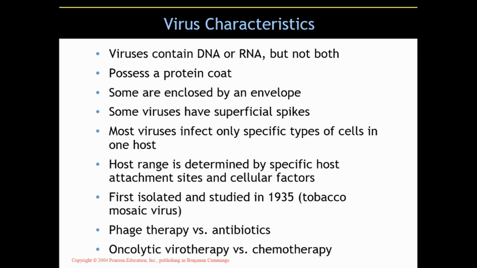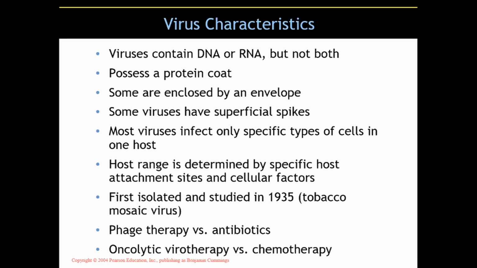Some viruses have superficial spikes that serve as a means of attachment to their host cell, and these spikes all stick off their surfaces. Influenza virus is notorious for its spikes. Coronavirus has spikes all over its surface as well, so a number of them do.